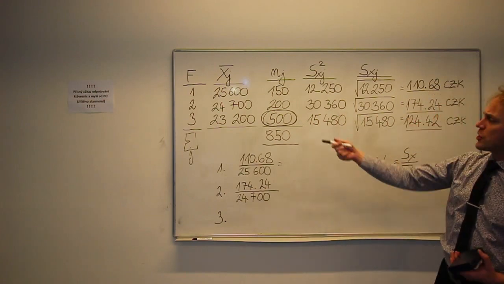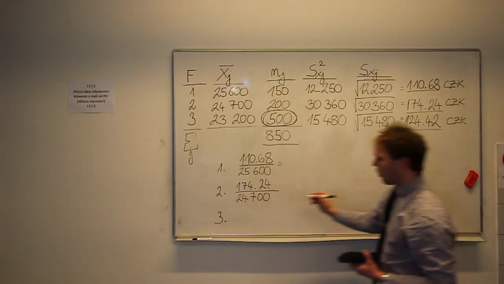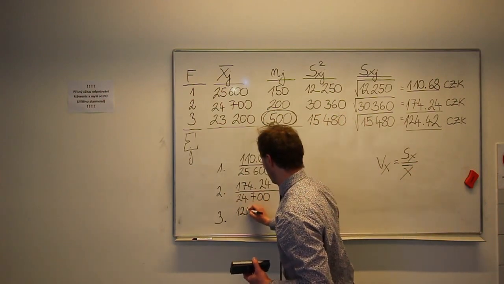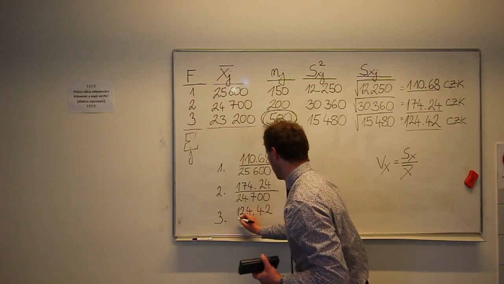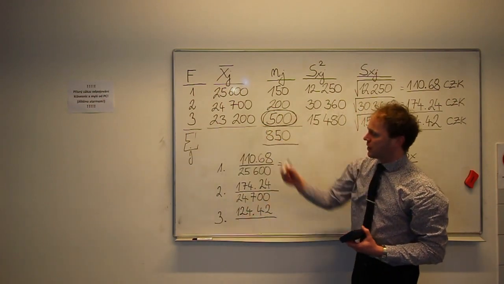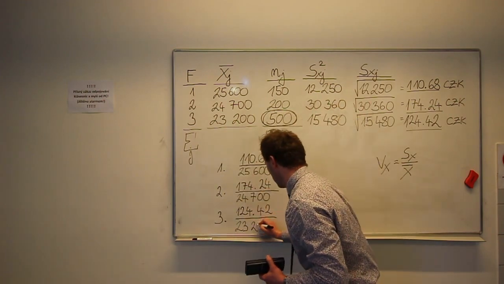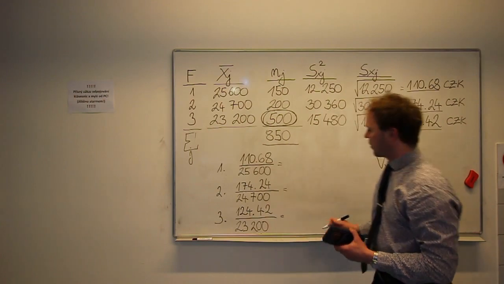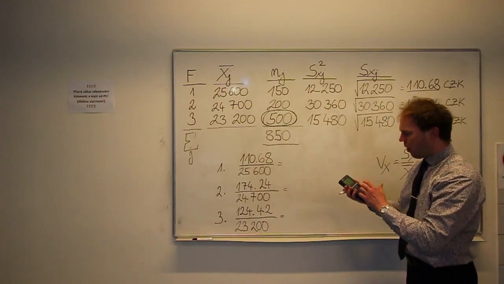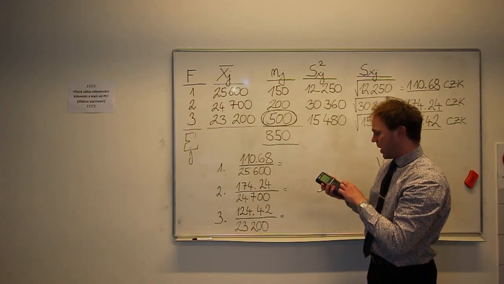And finally, the third one: the deviation 124.42 divided by this mean, 23,200. Now I will solve this. 110.68 divided by 25,600.